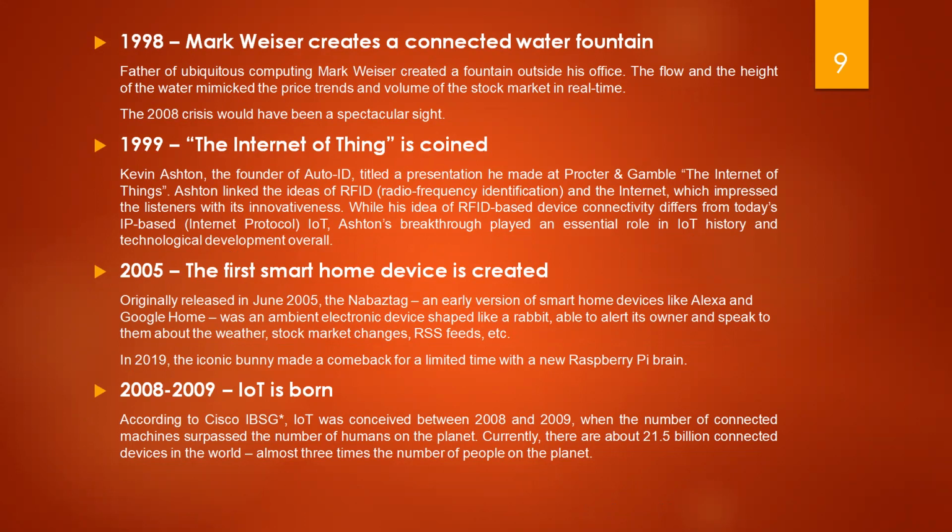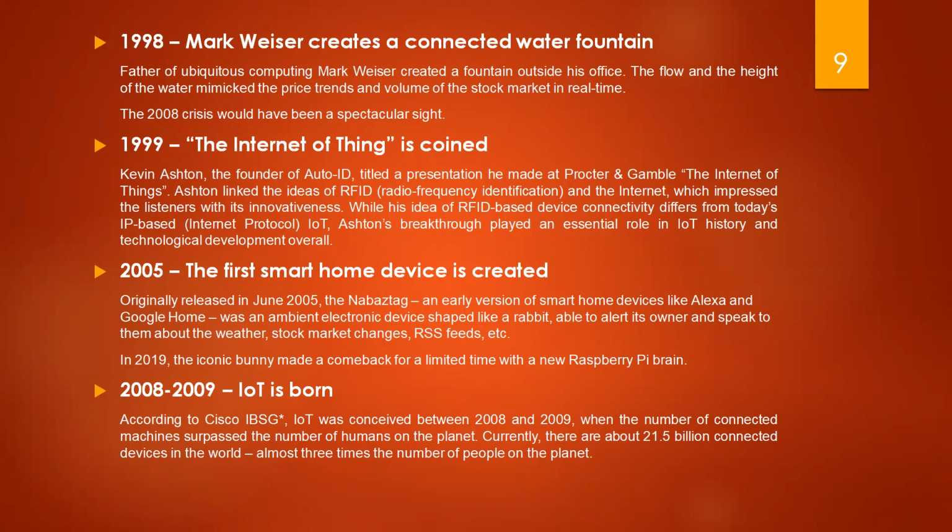In 1999, the term Internet of Things is coined. This is a main era. In this era, people know more about IoT. Kevin Ashton, the founder of Auto-ID, titled a presentation he made at Procter and Gamble, the Internet of Things.